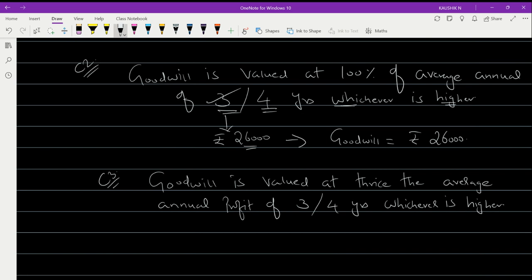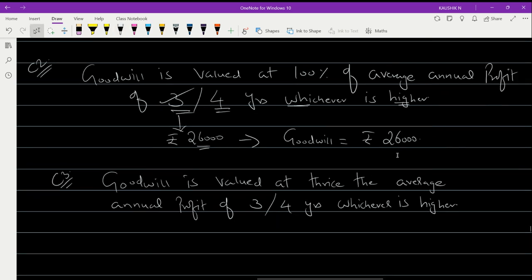Now, what is the condition? Goodwill is valued at thrice the average annual profit of 3 or 4 years, whichever is higher.